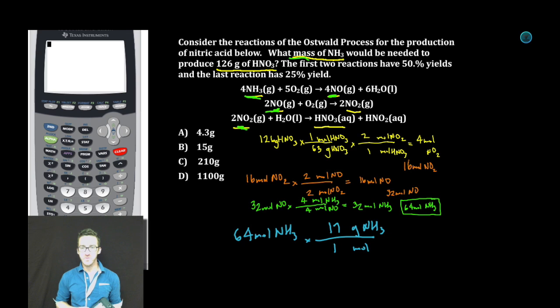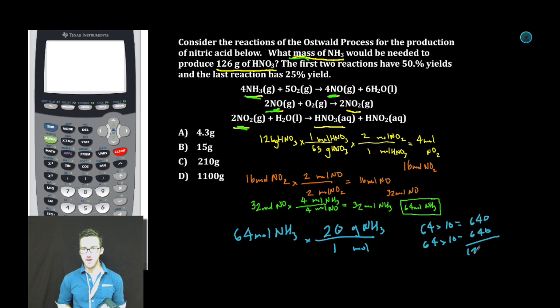I think the easiest way to do it is just to assume a molar mass of 20 grams. 64 times 10 would be 640, and then again times 10 would be another 640, which means that our rough estimate of the mass is going to be about 1280. But we kind of overestimated that mass, so it should be less than 1280. And as I look at my answer choices, the only answer that makes sense or comes relatively close, answer choice D.